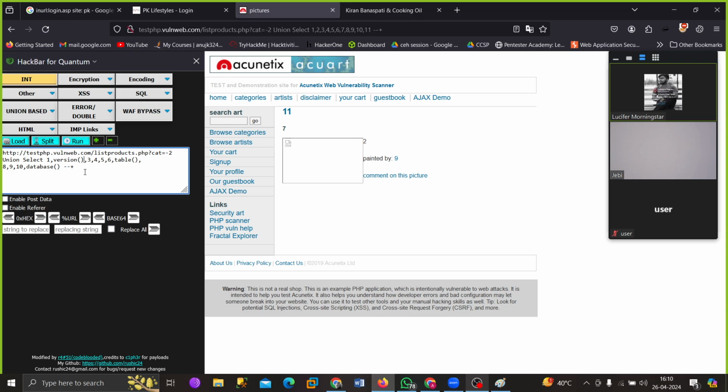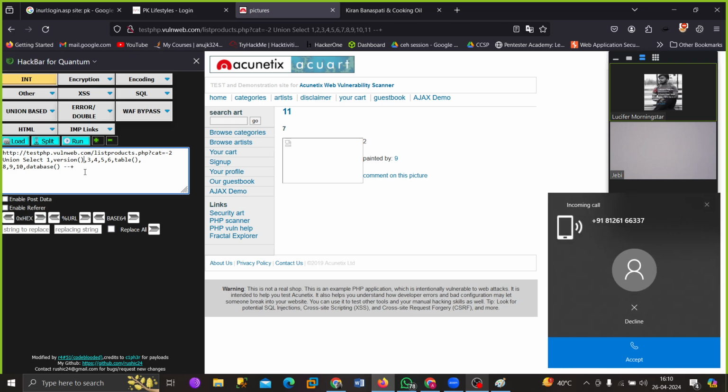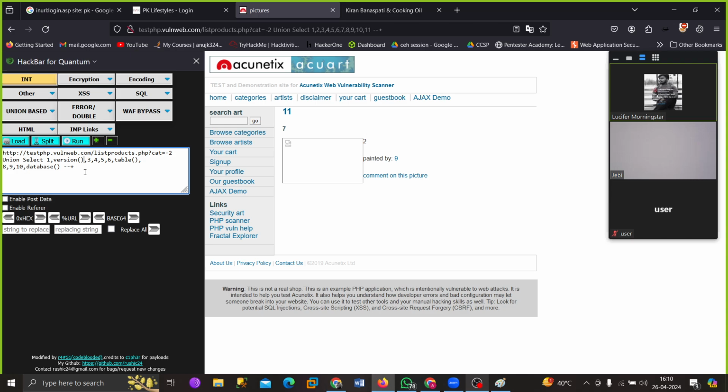Database, table, version. What else can I write over here? Any idea? Anything?